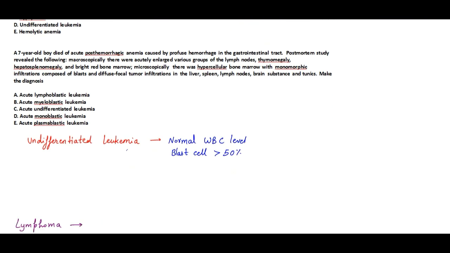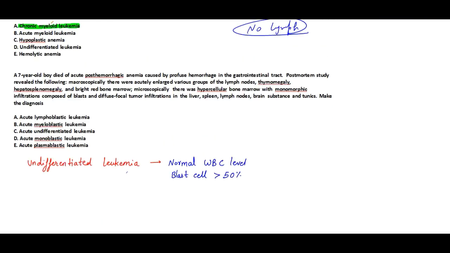In the next question we are seeing a postmortem study that revealed the following: enlarged various groups of lymph nodes and hypercellular bone marrow with monomorphic infiltration composed of blasts. So I got the answer. Remember, hypercellular bone marrow with monomorphic infiltration composed of blasts, and diffuse focal tumor infiltration.